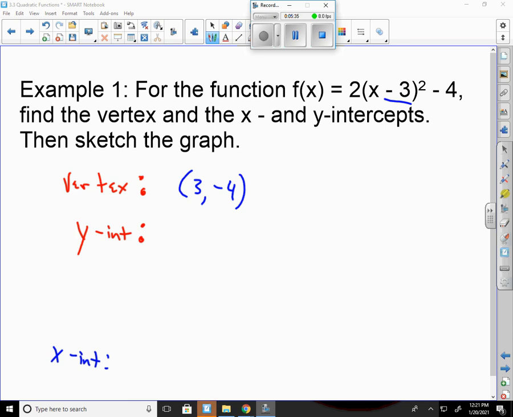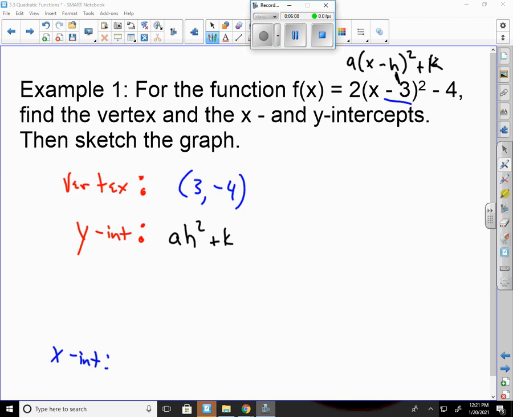Just kidding. Now, on the last slide, we said that whenever we were trying to find the y-intercept, we used a h squared plus k, right? If I look at this form up here, this is a, so this is my form.